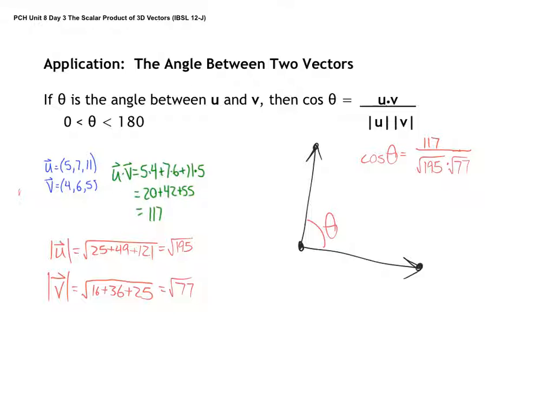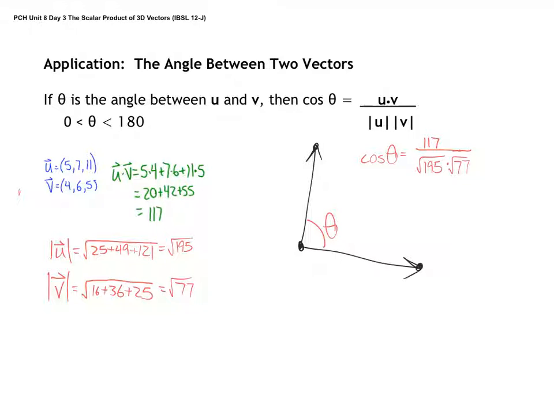It'd have to be in the second quadrant, so cosine would be negative. That's a property we learned in 2D, right? If the dot product is positive, we have an acute angle. If the dot product is 0, it's orthogonal, so the angle is 90. If the dot product's negative, we have an obtuse angle. Okay?